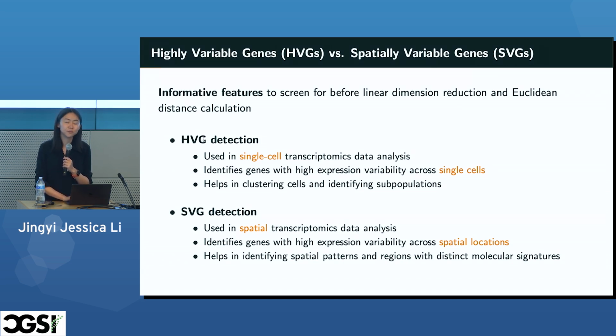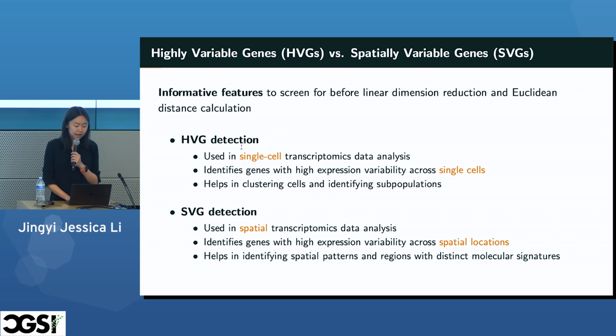You want to select the most highly variable genes, which means genes that have high expression variability across single cells. Because you assume that if a gene is functional, then the gene's expression should exhibit some changes. Otherwise, we don't understand why it is functional. That's the assumption. And then people will rely on these genes for tasks such as cell clustering or identifying even subpopulations of cells.